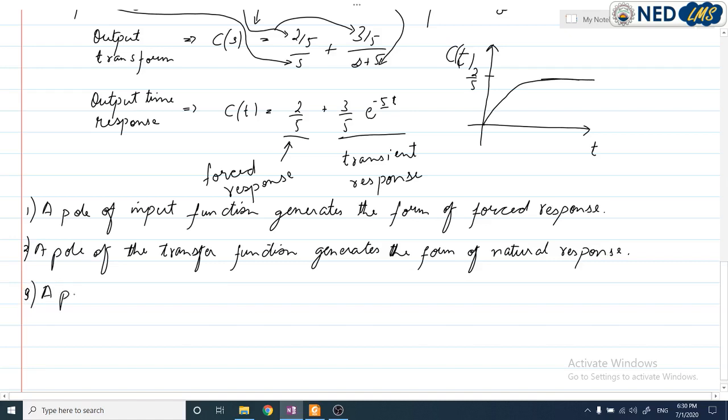And a pole on the real axis generates an exponential response.